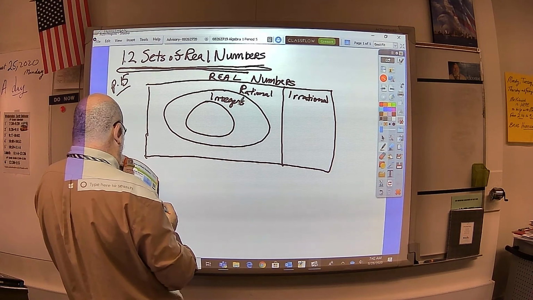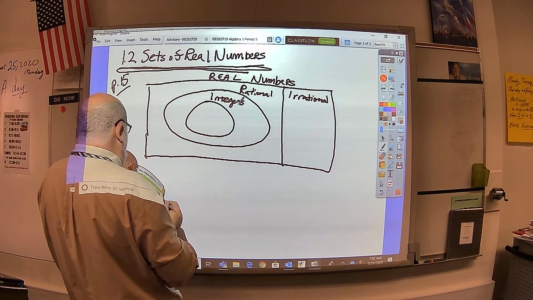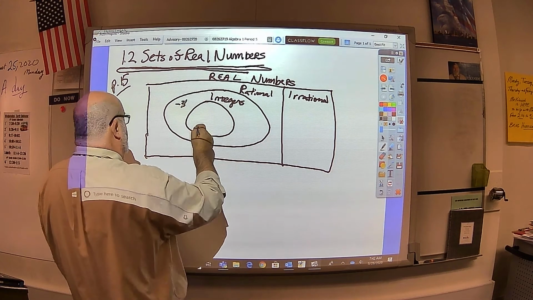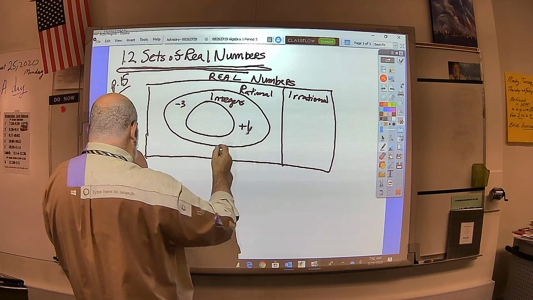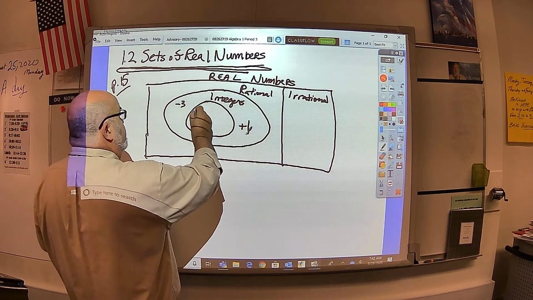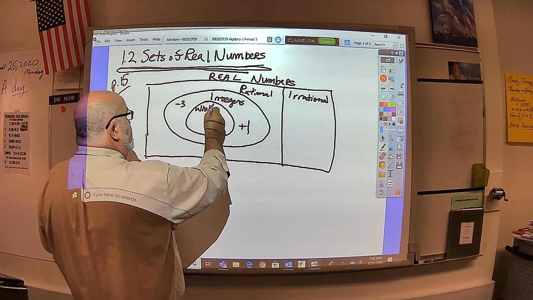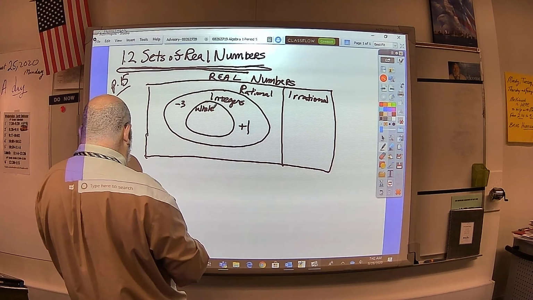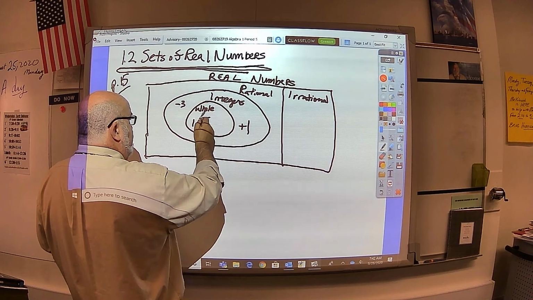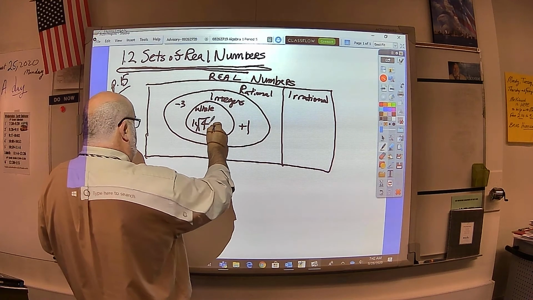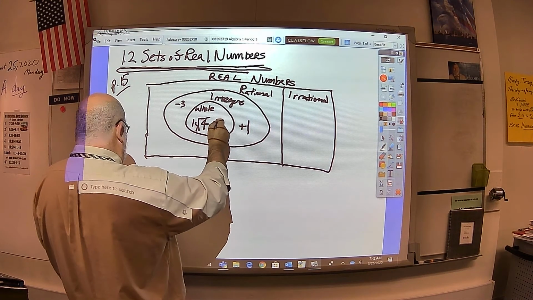all right, are going to be like -3 and +1. Right? And whole numbers include anything that works out to being a whole number, a complete value.